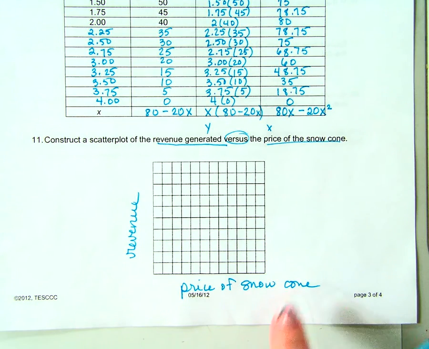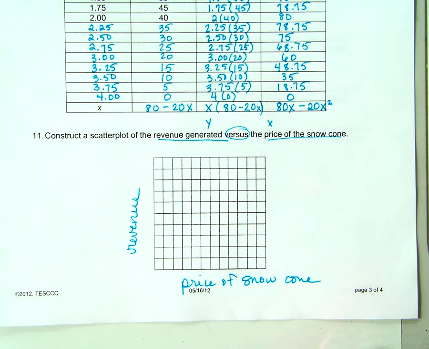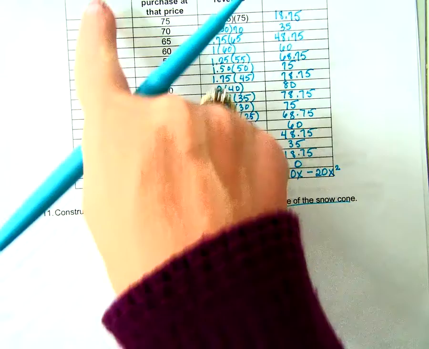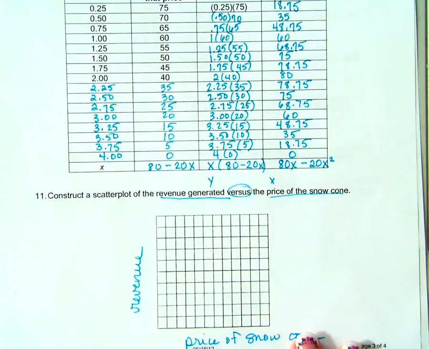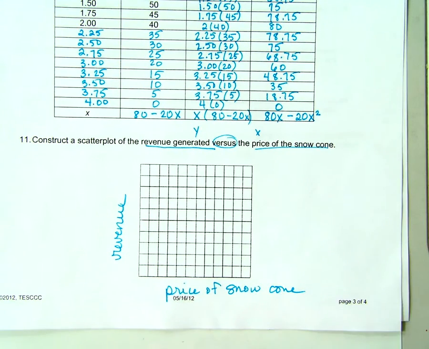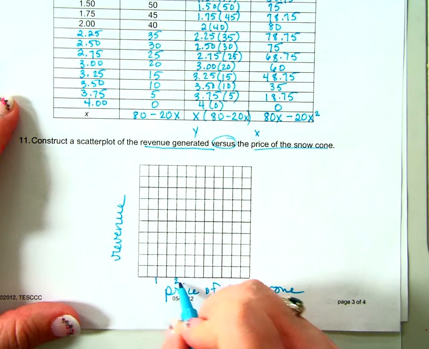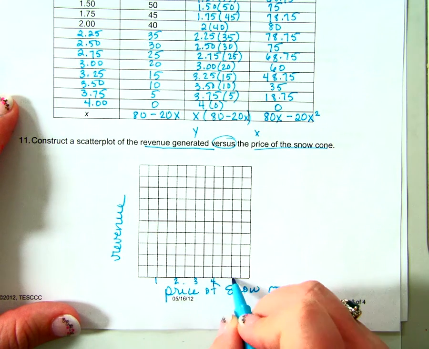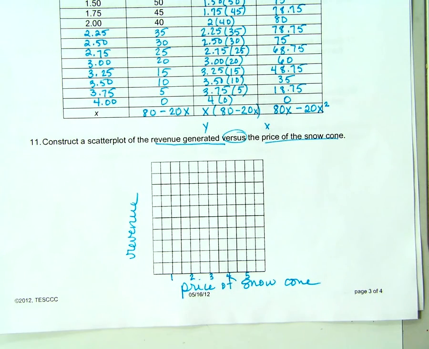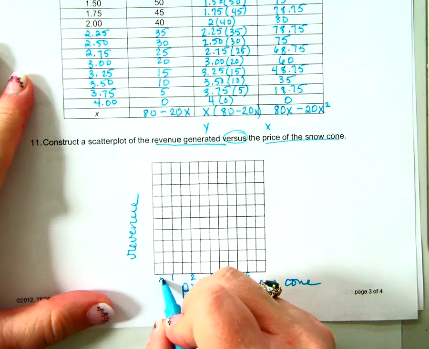How are we going to scale our price axis, our x-axis? That's here, right? Cost of the snow cone. 0.5. Why would I do 0.5 instead of 0.25? Yeah, there won't be enough room, will there? Okay, so 0.5. So this is a 1, a 2, a 3, a 4, and a 5. Do I have to put the ones in the middle? Like 0.5, do I have to put that?